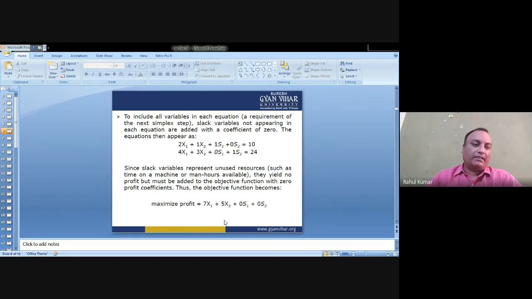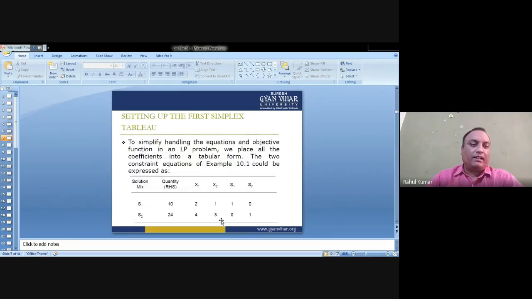For the maximum profit function case, we convert into a tabulation for the simplex method, handling the equations and objective function in a linear programming problem. We place all the coefficients in a tabular form.